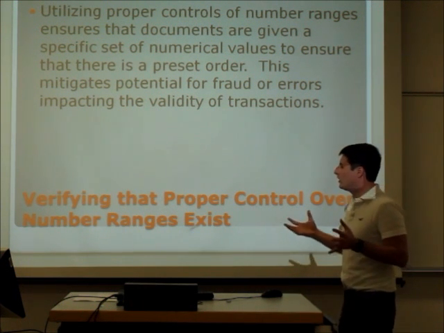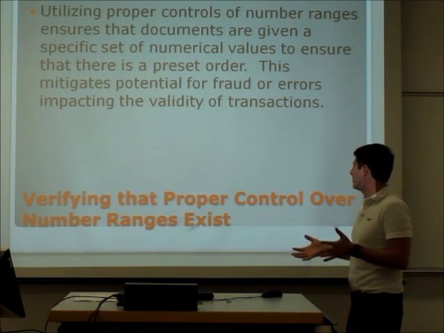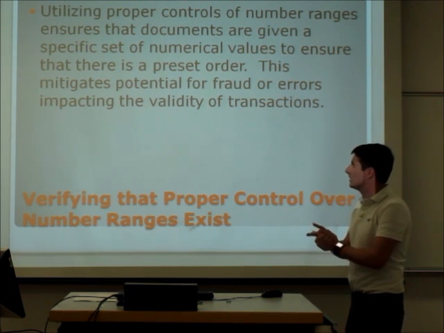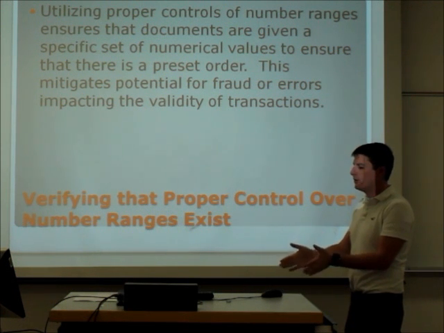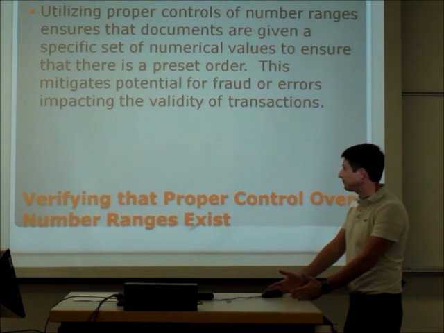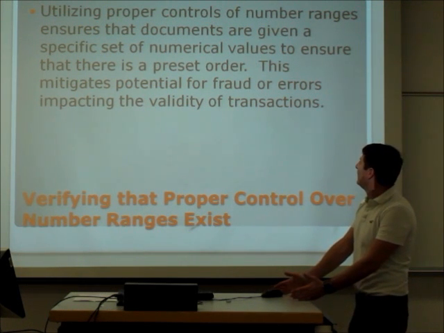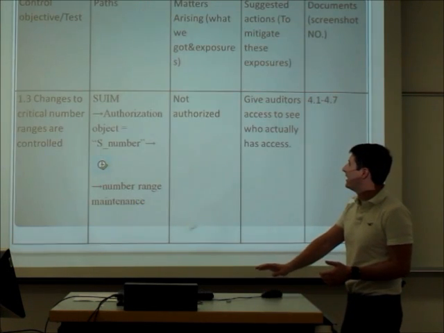Another huge point to make is verifying that the proper controls exist over number ranges. We need to ensure that proper numerical values have been assigned to transactions or documents, and that only the proper users have access to this data.